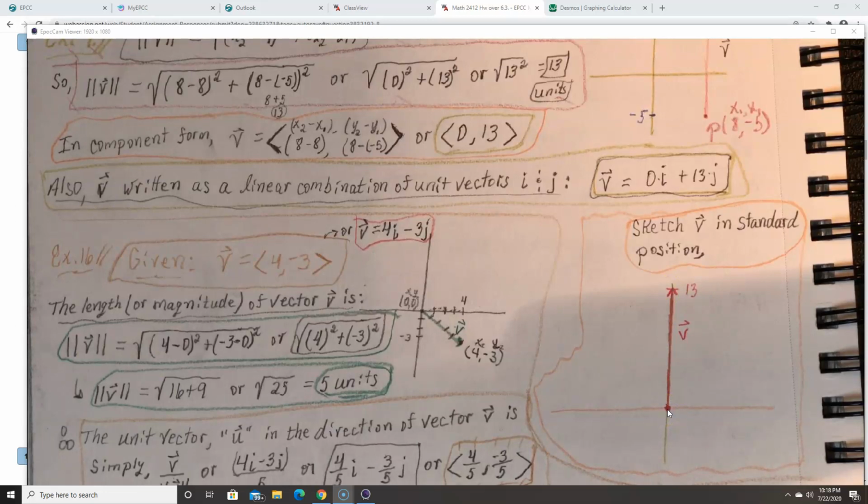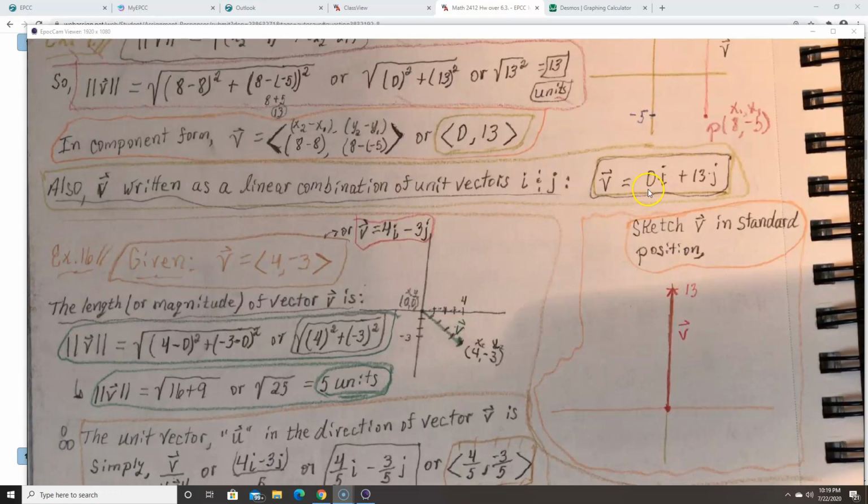From the origin, write down how many horizontal i unit vectors you move and how many vertical unit vectors j, how many are there from the initial point to the terminal point, how many vertical units and how many horizontal, but written in terms of the unit vectors i and j.